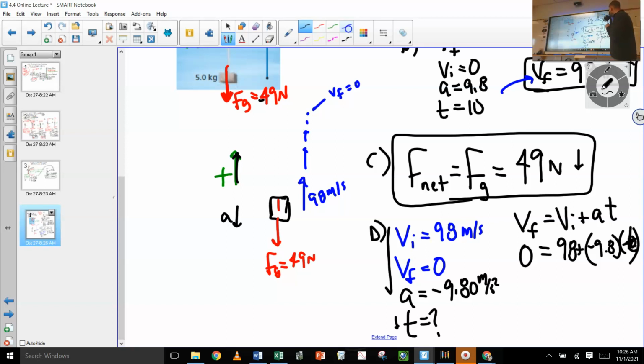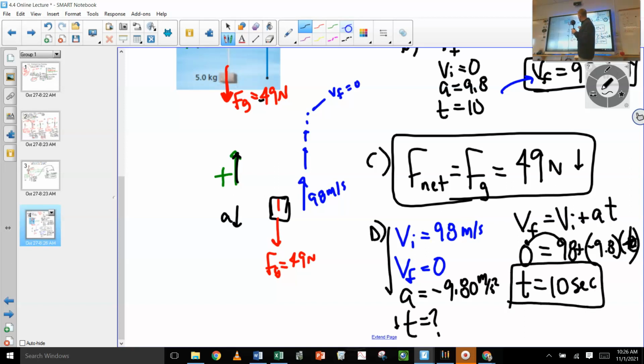Time is unknown. So bring this over, and that also becomes 10 seconds. So it takes 10 seconds to reach the top of its peak. Boy, these are pretty nice numbers. They're all kind of 98, 10, and 10.